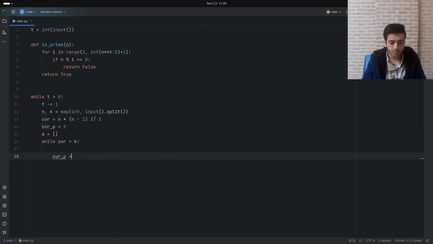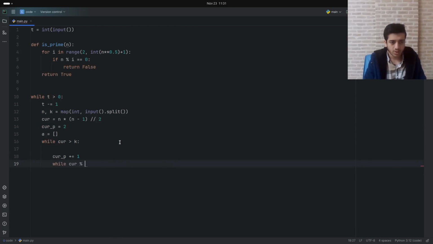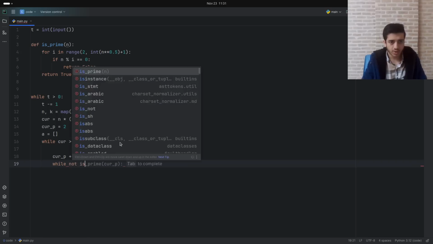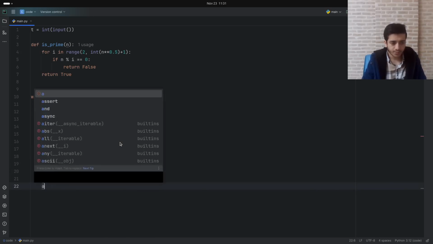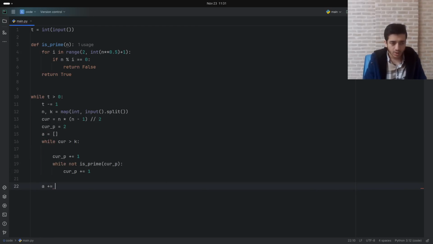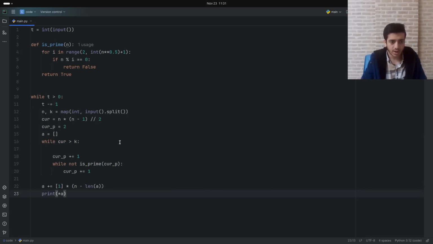Current prime plus, while not is prime, current plus equals 1. Finally, a plus minus 1 times n minus len of current a, and finally print array.